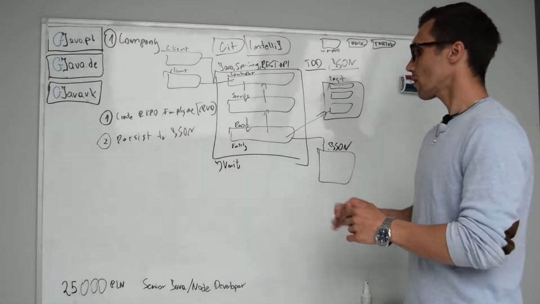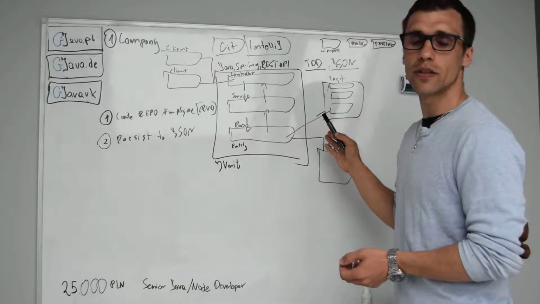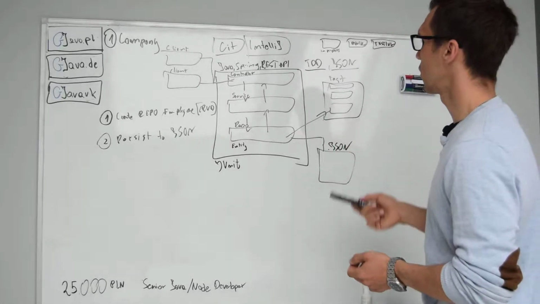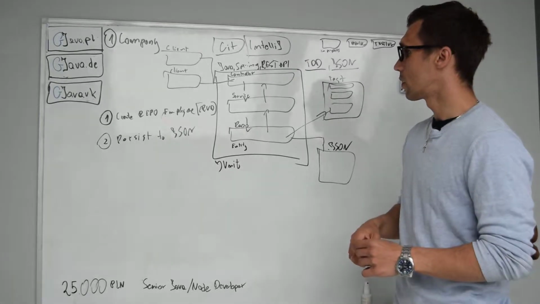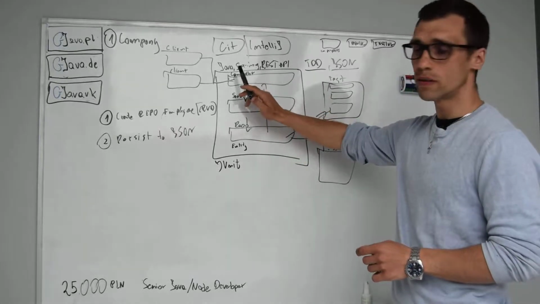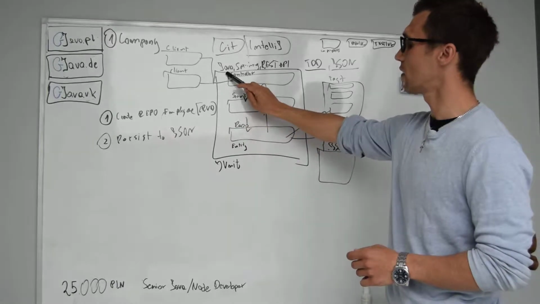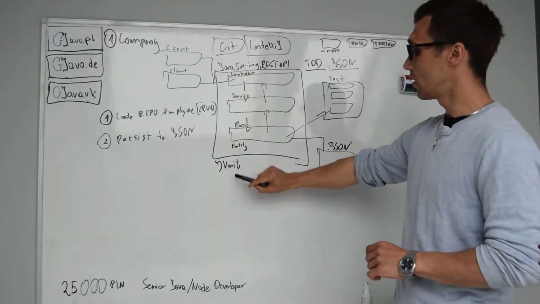So this is the architecture of the first year Java API project, and as you can see, it's using mostly Java and JUnit.